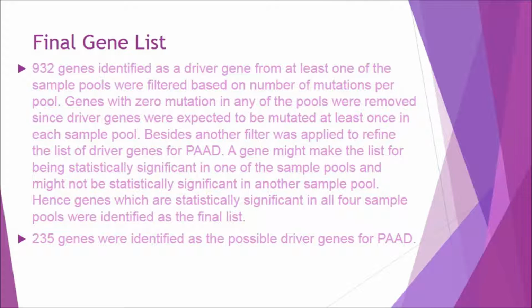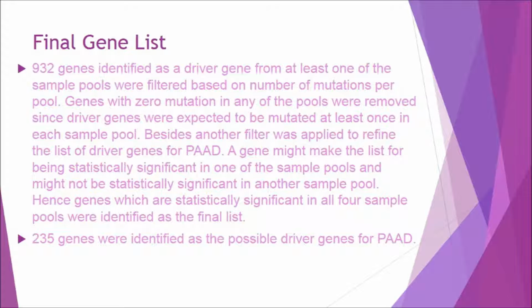In the end, after analyzing around 13,000 genes, I was able to find 235 novel driver genes. Among my possible driver gene list, I had very well-known tumor suppressors, TP53, KRAS, SMAD4, and also very recently found driver genes, ROBO1 and SLIT1.